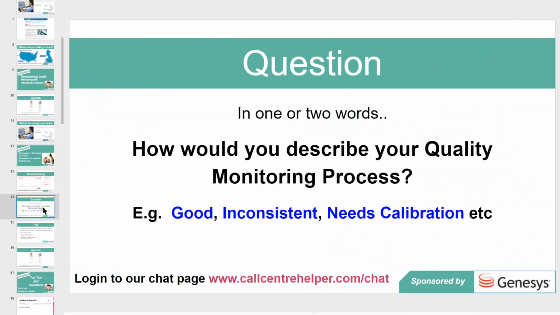Hannah says it's manual and very subjective. We've got a few others, manual and not considered as a priority by someone. I'm a bit surprised with that one. We have another comment. We have a great call quality team. However, we struggle to maintain regular checks with our rapidly growing team in the organization. Letitia says it needs calibrating. We've also got excessive and timely. Natalia says it needs calibration. And Elise also says it needs calibration.